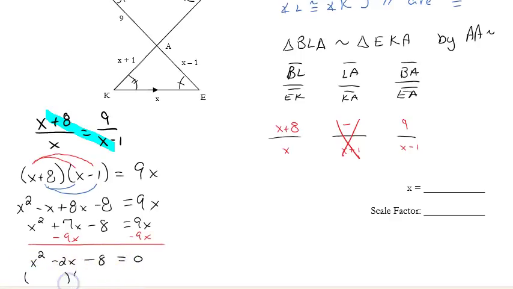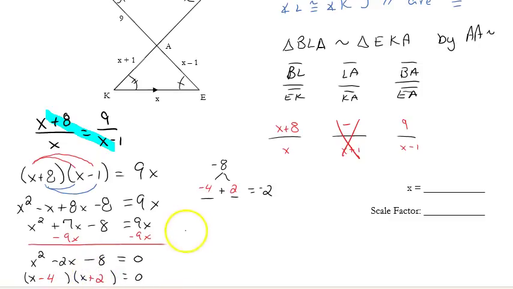Now my factors. X squared is x times x. I fill the rest in with what multiplies to negative 8, but at the same time adds to give me negative 2, the coefficient of x. Hopefully we see negative 4 and 2, so it's x minus 4 and x plus 2.